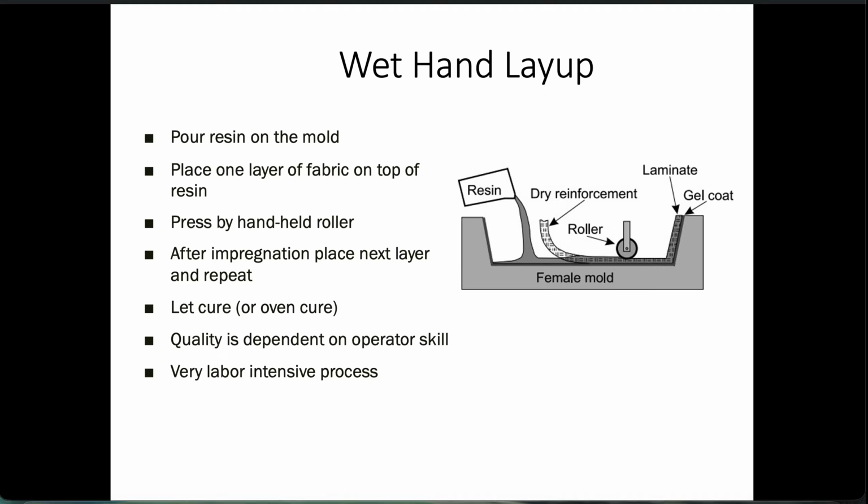You press the fabric with a handheld roller, and after you've made sure that your fiber has been impregnated by the resin, you add the next layer and repeat until you are done adding all of the layers. You let it cure in an oven or exposed to direct atmospheric conditions. The quality of this usually depends on the operator's skill. This is a very labor intensive process.